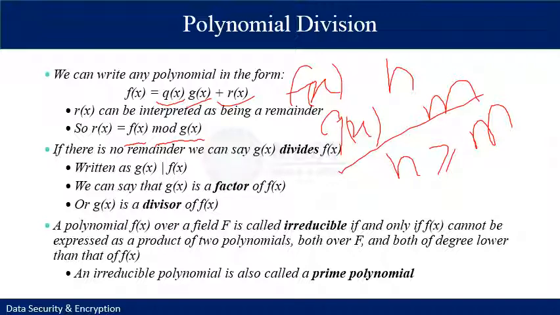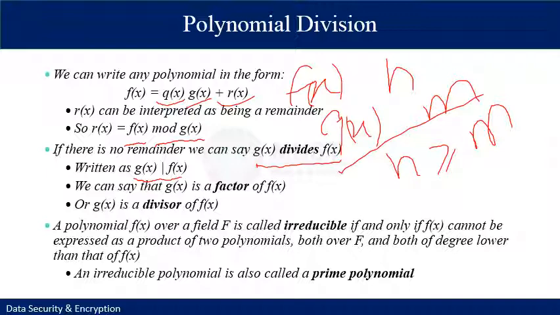If there is no remainder, we can say that g of x completely divides f of x, written as g of x divides f of x. We can say that g of x is a factor of f of x, or g of x is a divisor of f of x.